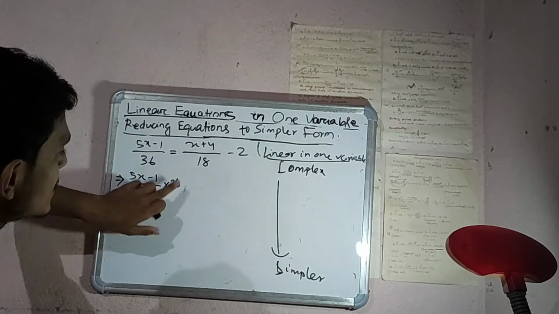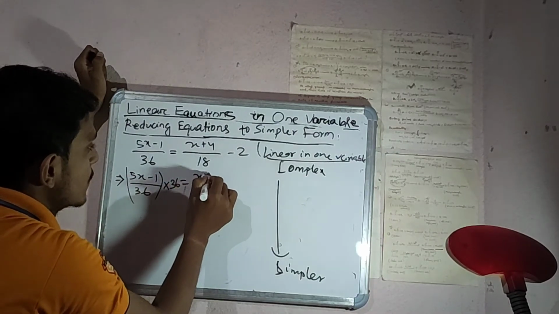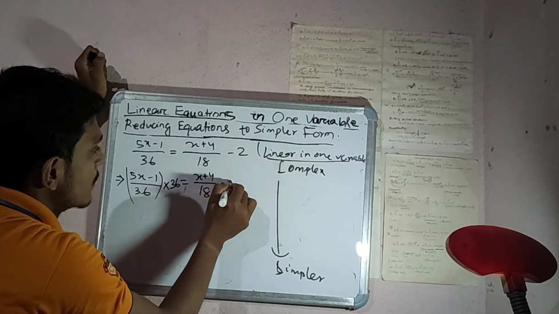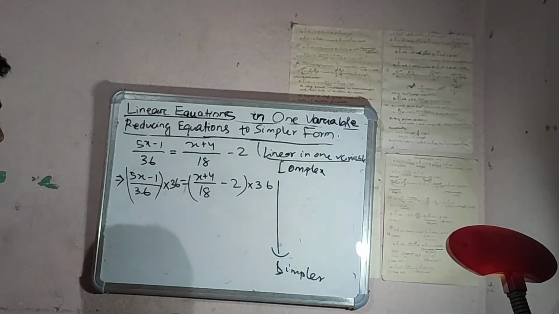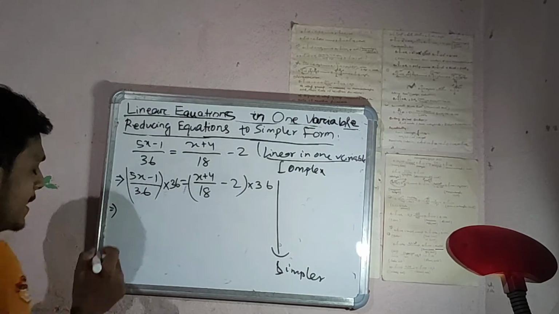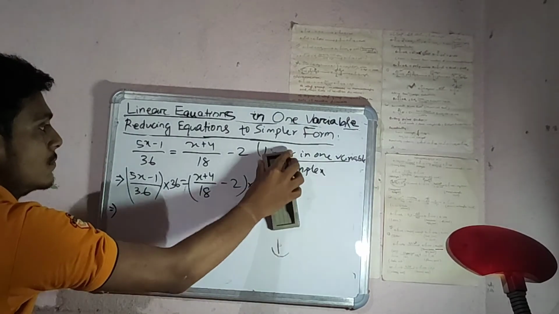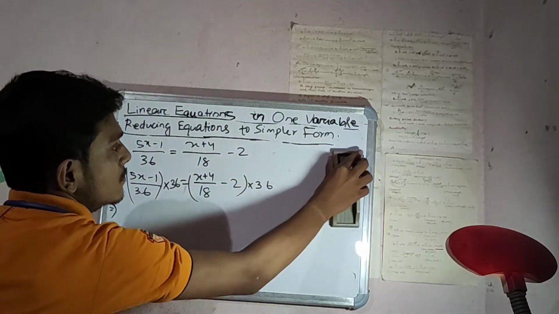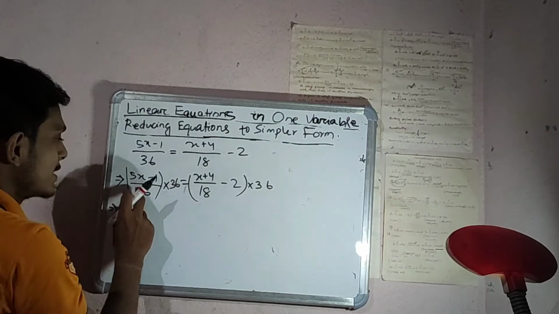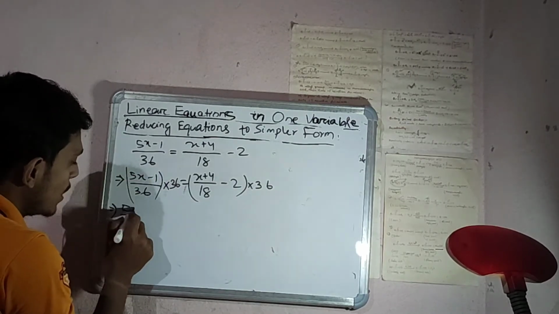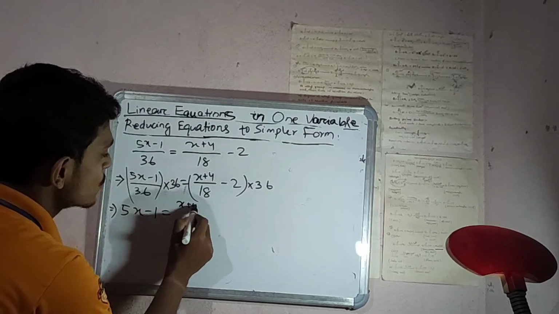Okay, let 36 be multiplied on both sides. Then 36 can be cancelled. We have only 5x minus 1 is equal to x plus 4 upon 18.